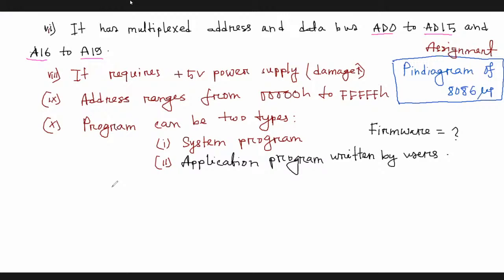You already know that instructions or programs are basically what? Basically bit strings, combinations of bits. For Intel 8086, instructions are from 1 to 6 bytes long.